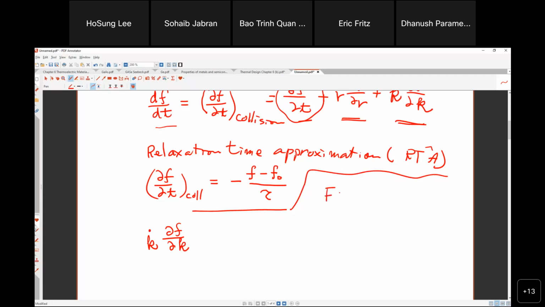The force is F equal ma. A is velocity with respect to time. Between the particle, it turns out the electric field.